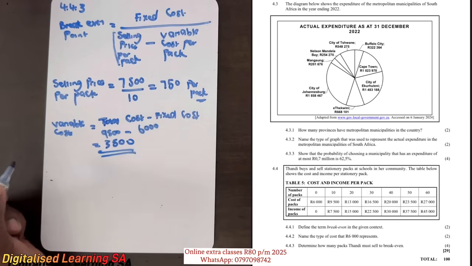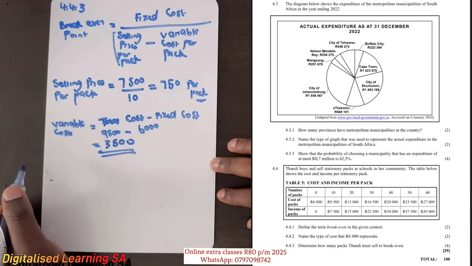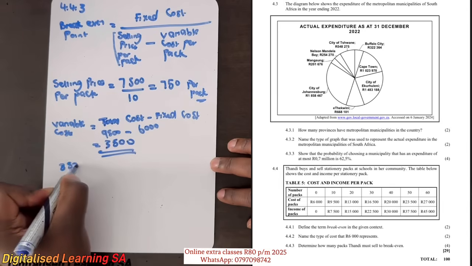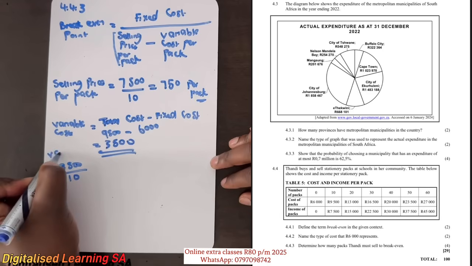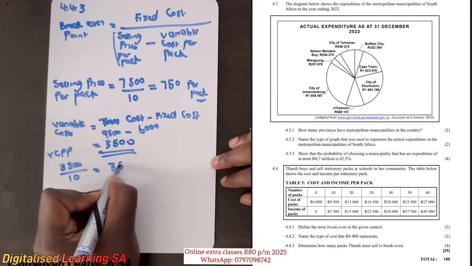Now to find our variable cost per pack, we need to divide the variable cost by 10 because the number of packs is 10. So 3,500 divided by 10, and the answer will be 350 per pack.